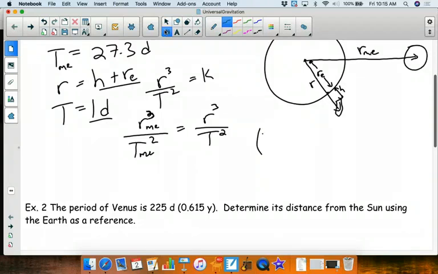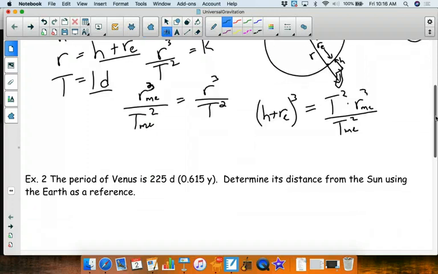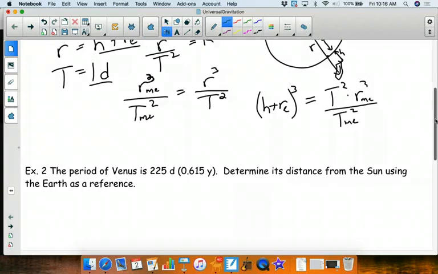So we could have H plus the radius of the Earth cubed equals T squared times the radius from the moon to the Earth cubed over the period of the moon around the Earth squared. Sure? So you take the cube root of both sides.